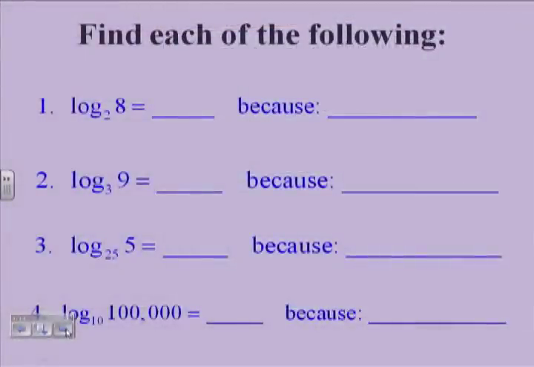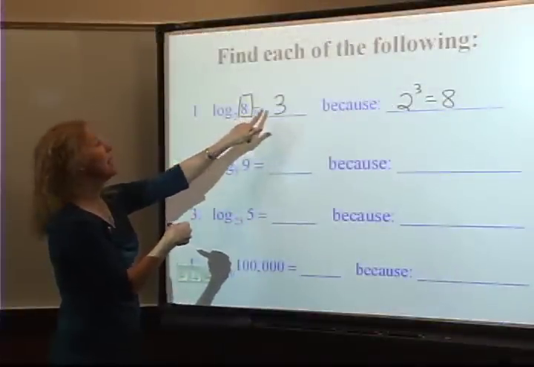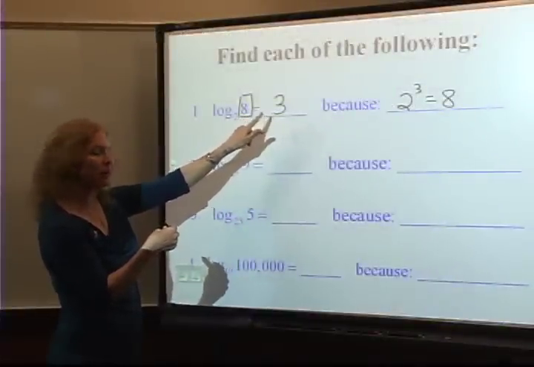Log base 2 of 8 will equal, well, I'll get us started, it's going to be 3. Why? Because 2 to the third power is equal to 8. So you see, this is the answer after it has been raised to the power. This is the base. And this is the exponent.